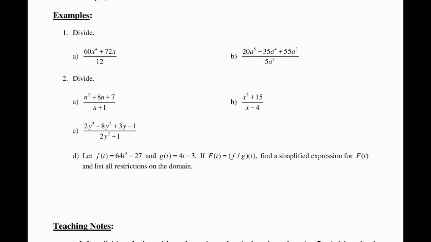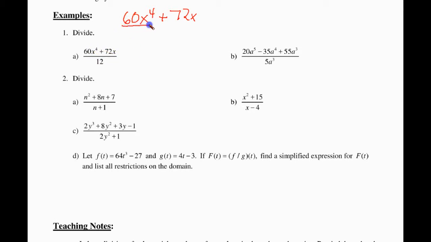Now, the technique for doing this is rather straightforward, and this is how you should set up the example each time. Now, I'll write it out here. So it's 60x to the fourth plus 72x, and now it's dividing it by 12.